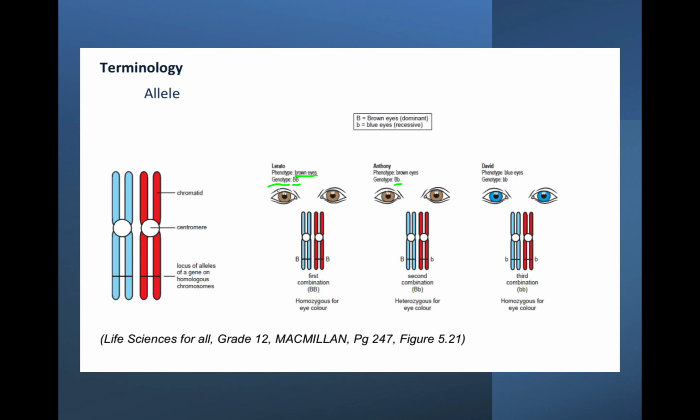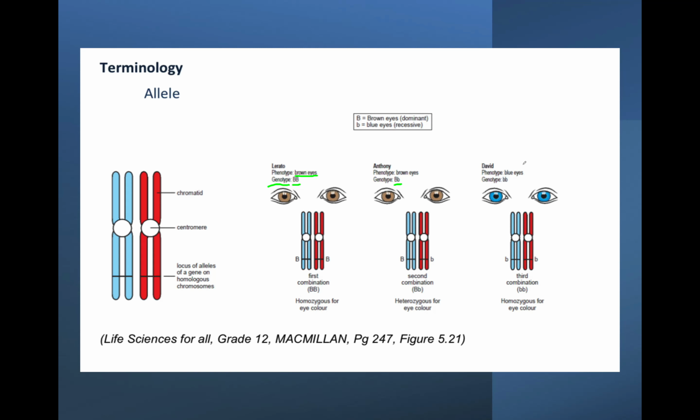Now let's look at the word phenotype. If I'm looking at Lerato here, I will notice that Lerato's phenotype says brown eyes. And if I look at Anthony, his phenotype also says brown eyes. When I look at David, his phenotype reads blue eyes. So when I speak about phenotype, children, what am I talking about?